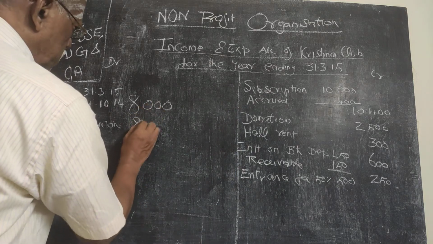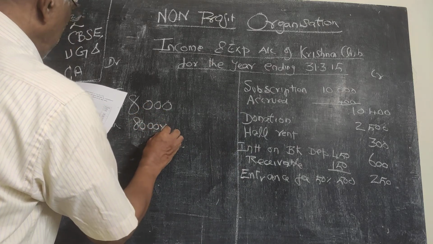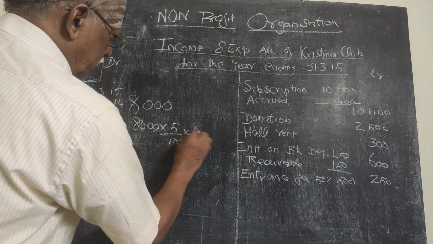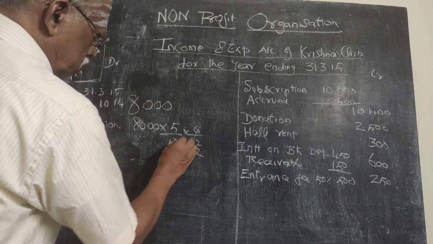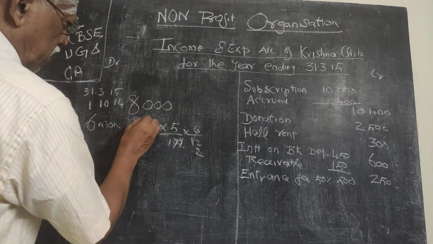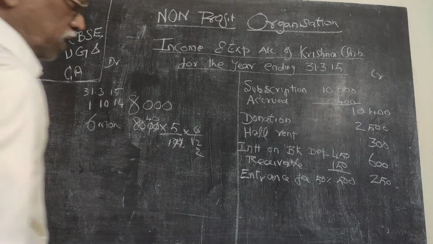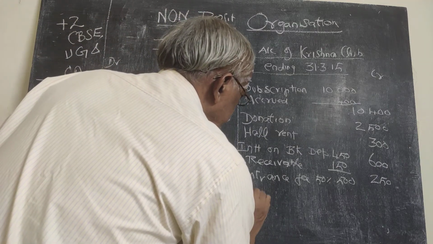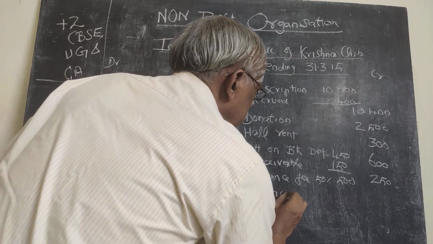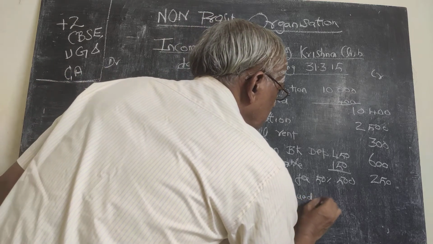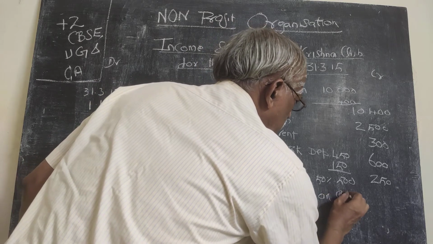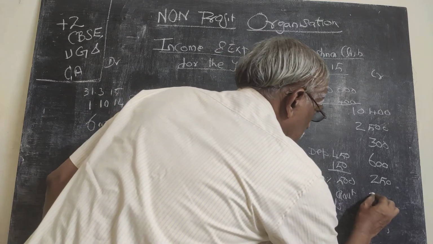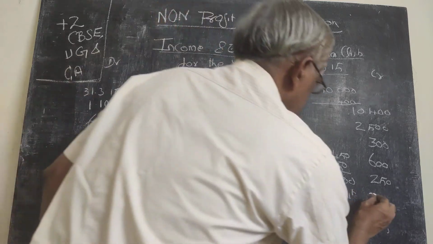For 8,000 rupees you calculate interest for 6 months at 5%, 6/12, which is 1/2. This becomes 40, so 200 rupees interest accrued on government bonds.